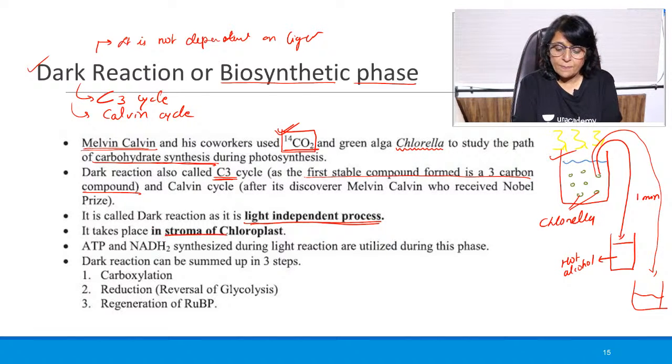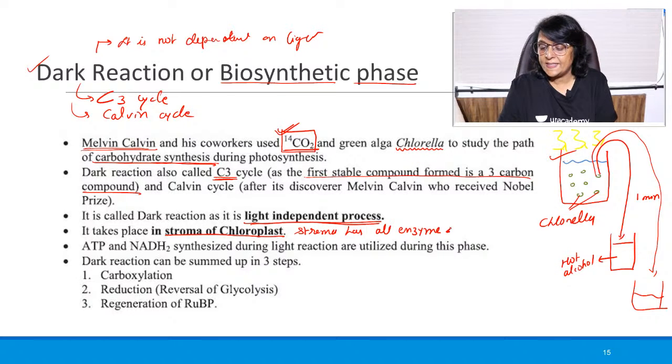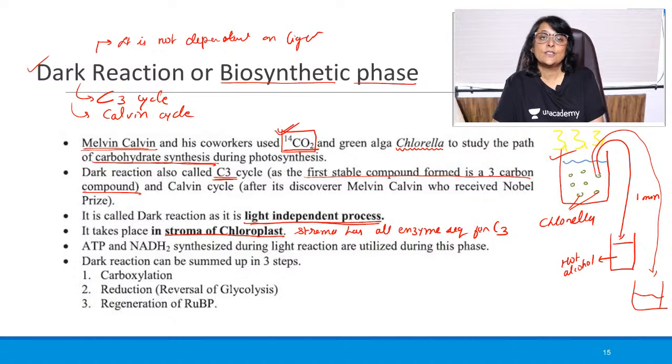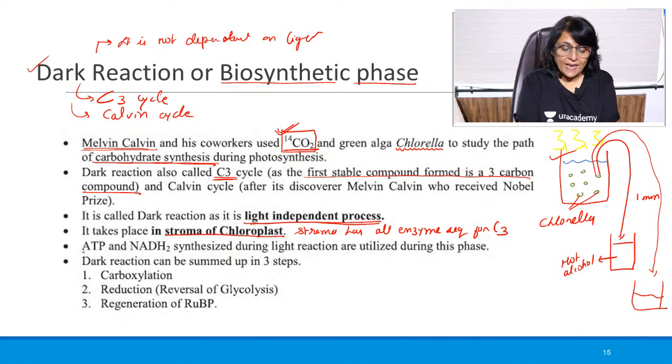Where does it take place? It takes place in stroma, because stroma has all the enzymes required for C3 cycle, and that is why dark reaction takes place in stroma.